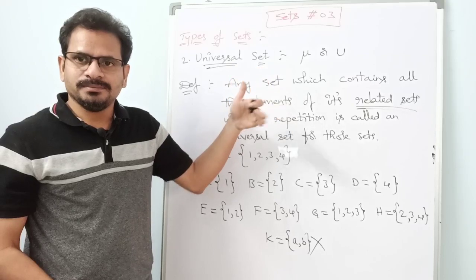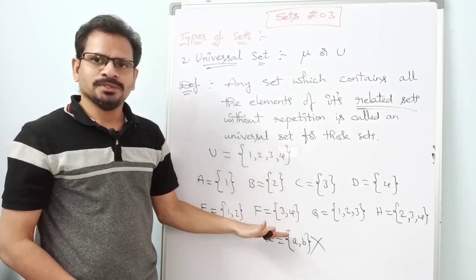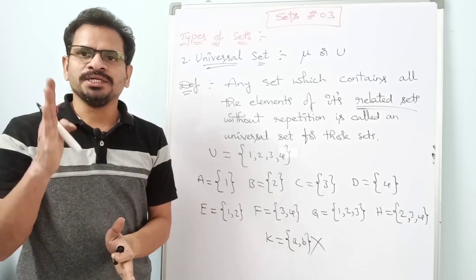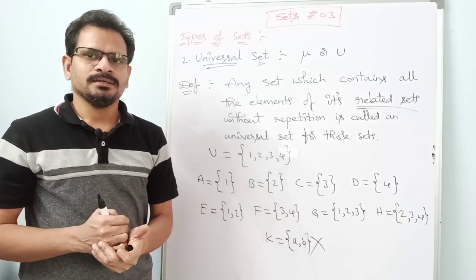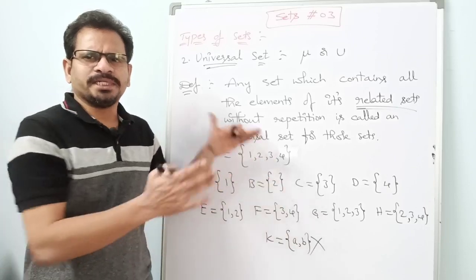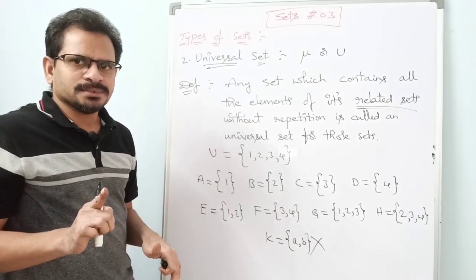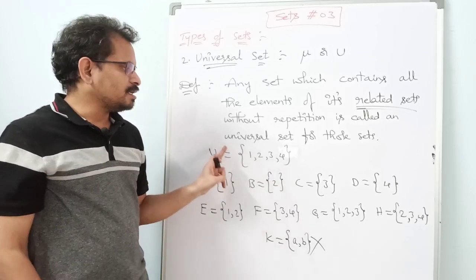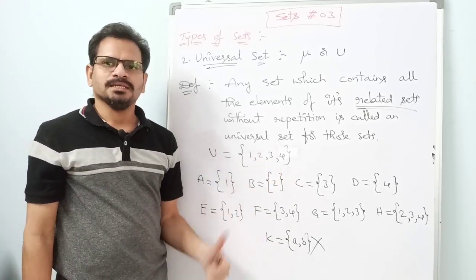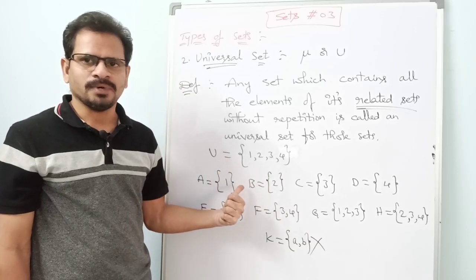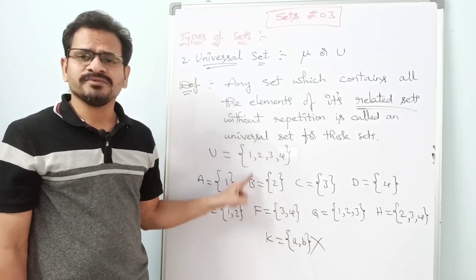For now, since I have not introduced that new word, I am not using it here. Till now, these sets are just related sets. Related to what? Related to this one. Then what is this set called? This set is called a universal set. Is this in accordance with our definition or not?